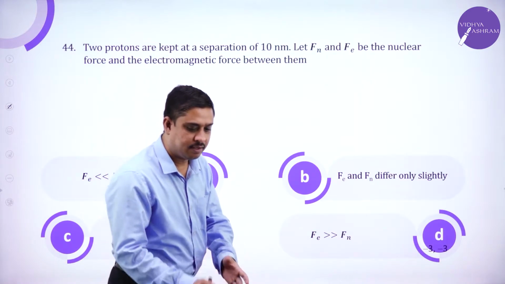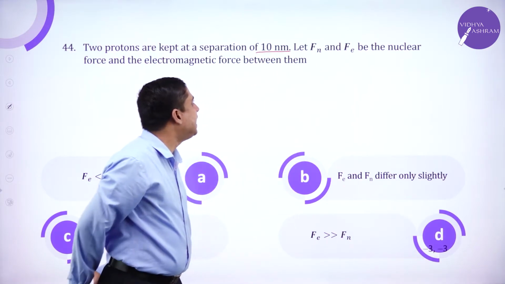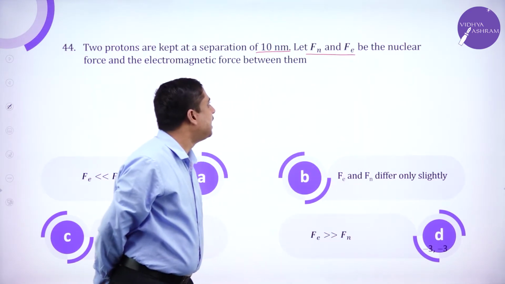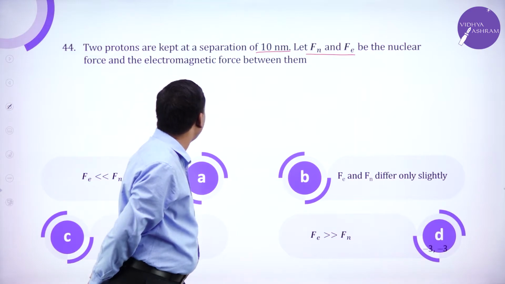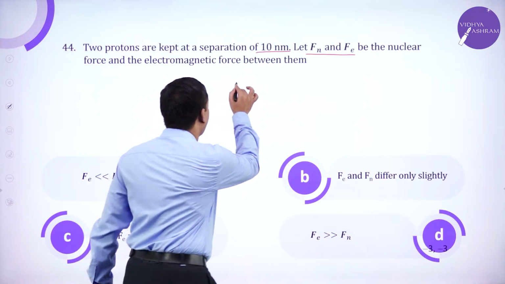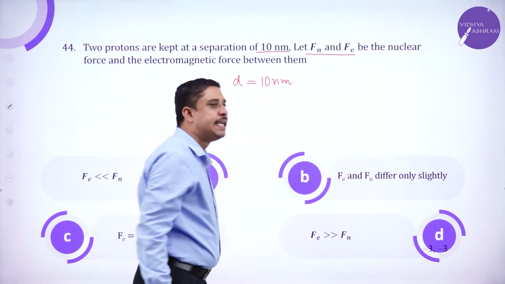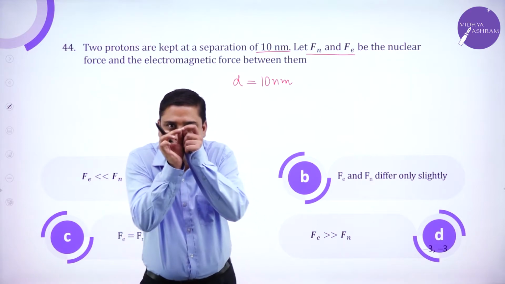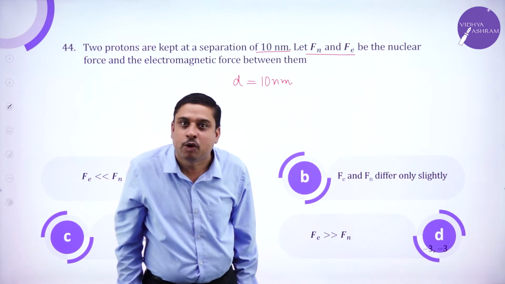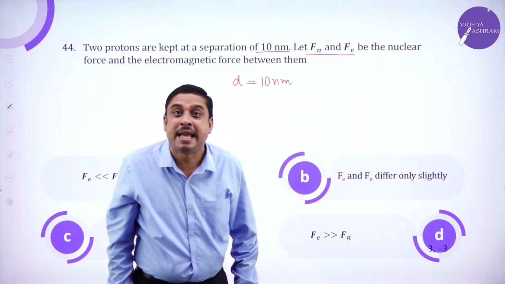Two protons are kept at a separation of 10 nanometers. Fn and Fe are the nuclear force and electromagnetic force. When will the nuclear force between them be maximum?